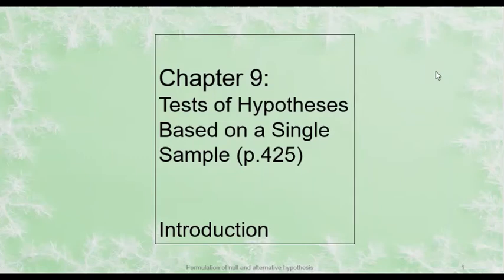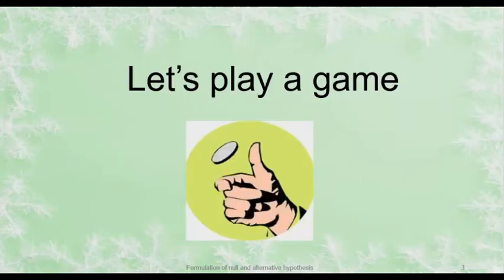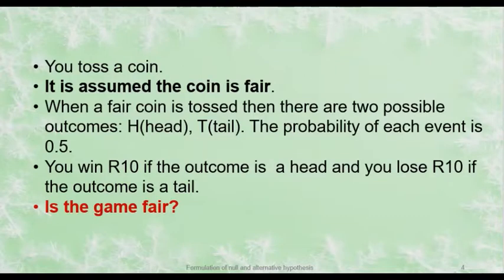Remember, today we discussed some basic concepts related to tests of hypothesis, but we still have to discuss a few concepts. Remember, we talked about a game, flipping a coin. You tossed a coin, and it is assumed that the coin is fair in the beginning.